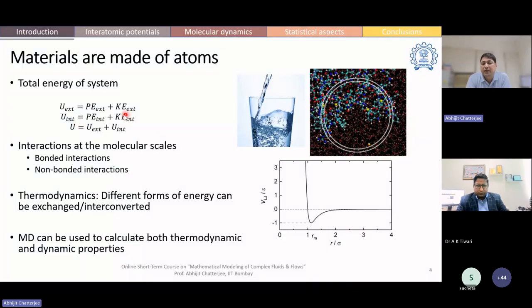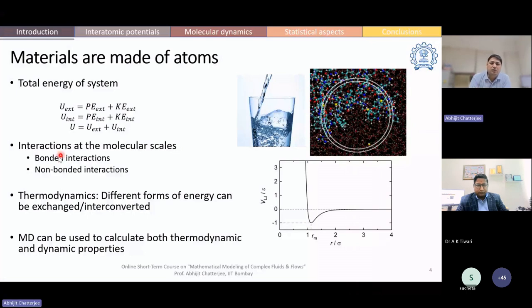So molecular dynamics will inform us about the total kinetic energy internally and the total potential energy internally, where the potential energy means the interactions between molecules, those will be computed, and the total internal energy, which in thermodynamics we encounter frequently, is the sum of these potential energies and kinetic energies, right? And so this total sum has to be evaluated for all the atoms present within my small fluid packet.